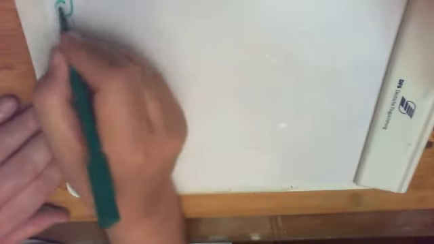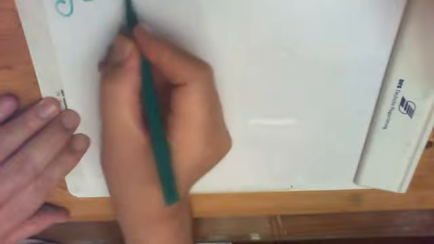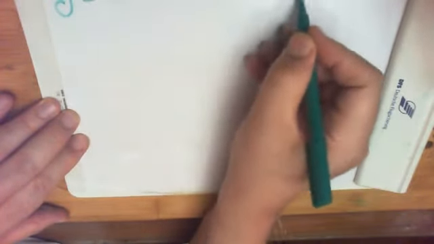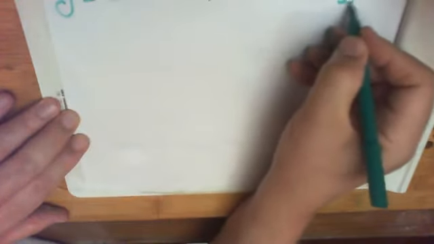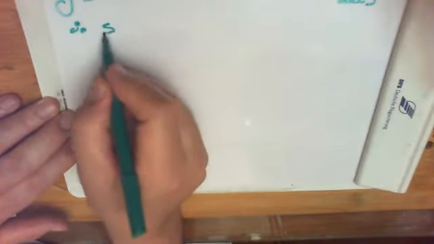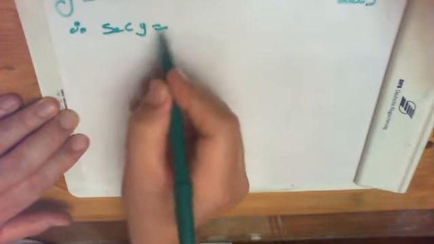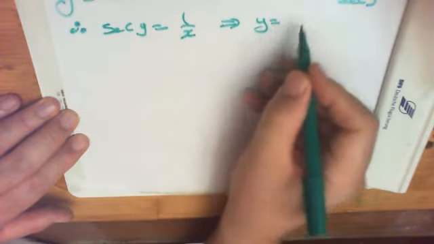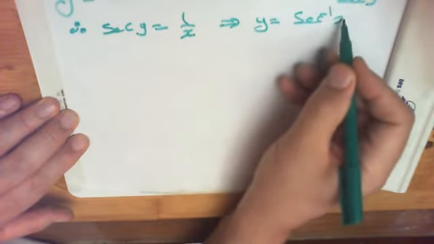Also, y equals cos⁻¹x means x equals cos y, which is 1 over sec y. Therefore, sec y equals 1 over x, from which we obtain y equals sec⁻¹(1/x).